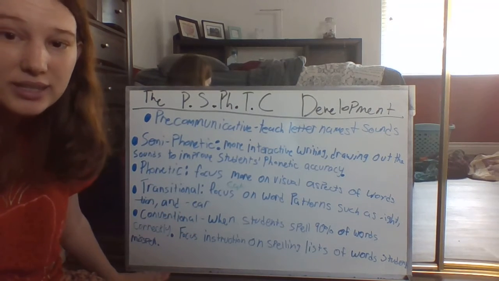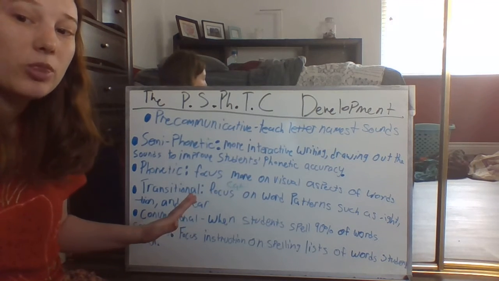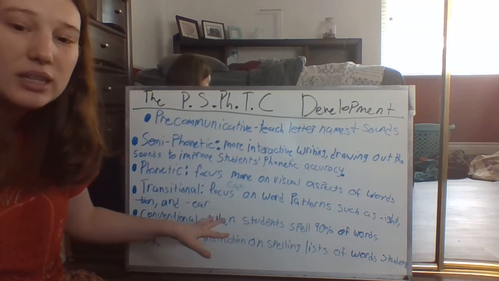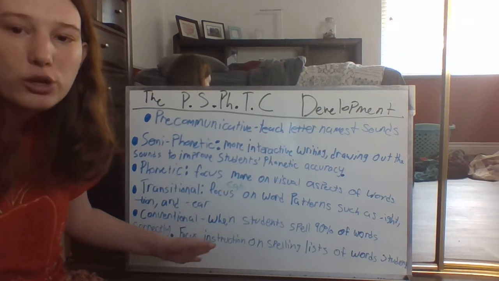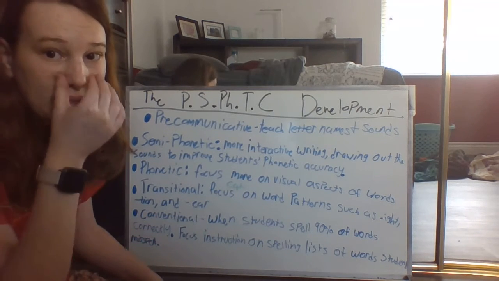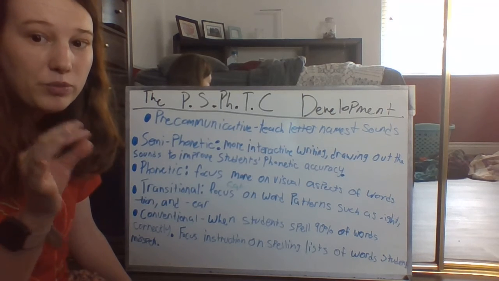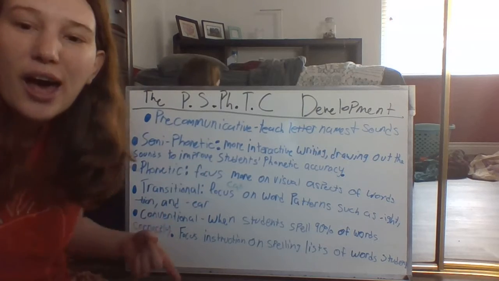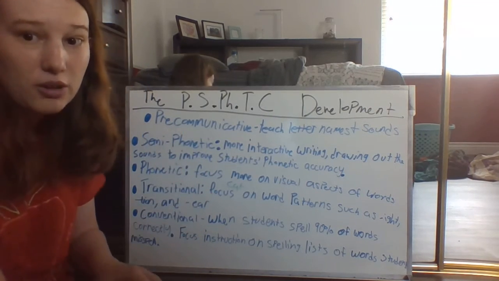Have a spelling list for your students, but don't let them pick out their own spelling words. Obviously, if the teacher creates their own spelling list, that's great. But don't let them say, okay, I'm gonna pick the words the and at. No, please don't.